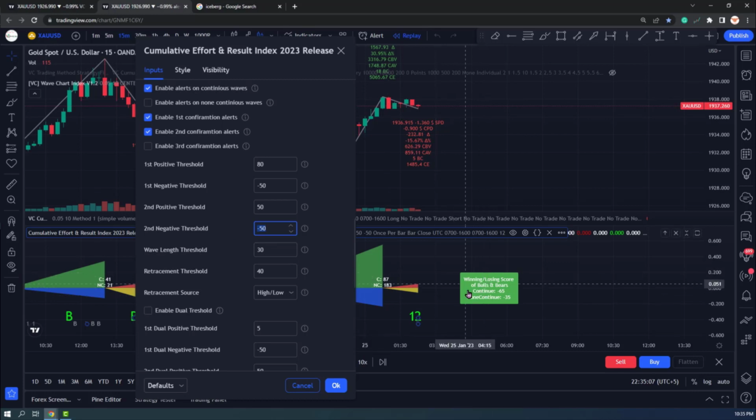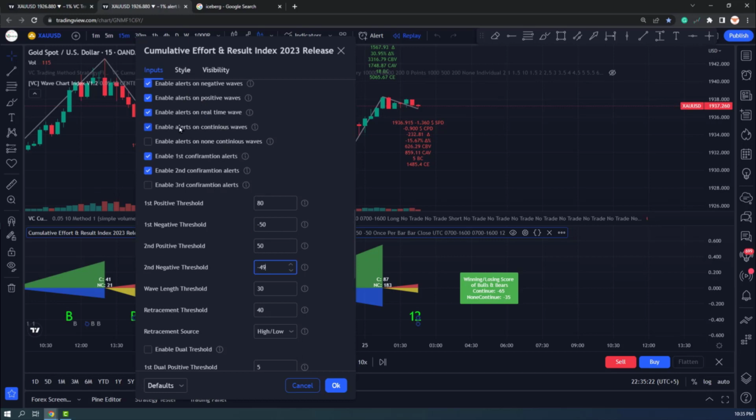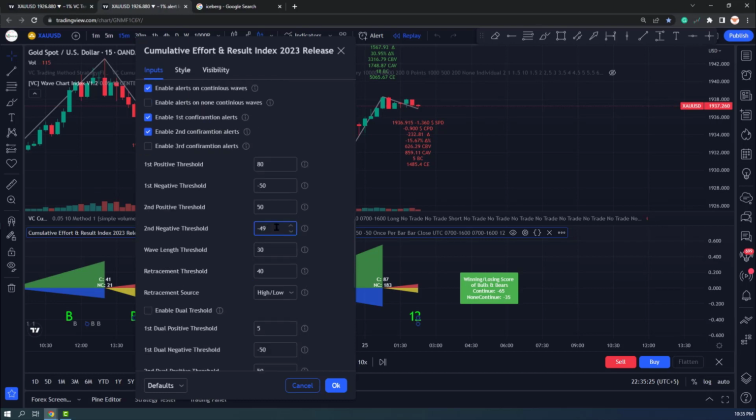So here, these negative thresholds are based on these results. These comparison thresholds. We have non-continuous results enabled here, and we have put here, for example, if the second wave after the first confirmation is done, if the second wave that is not yet completed has negative values, then alert us with the second confirmation.